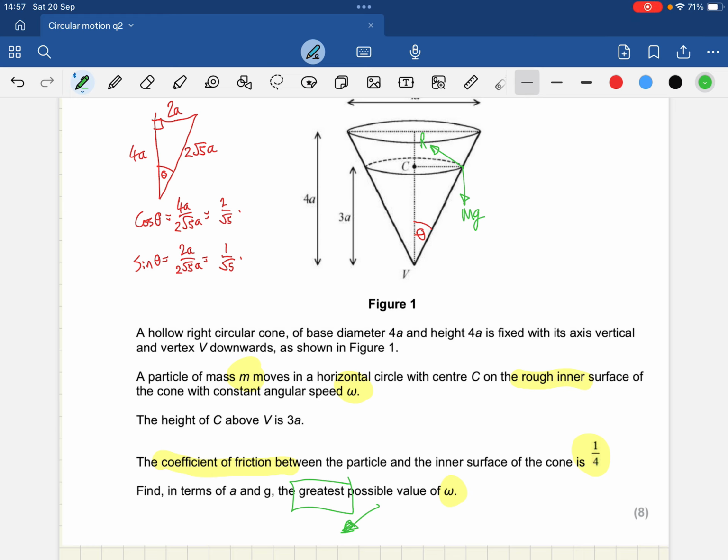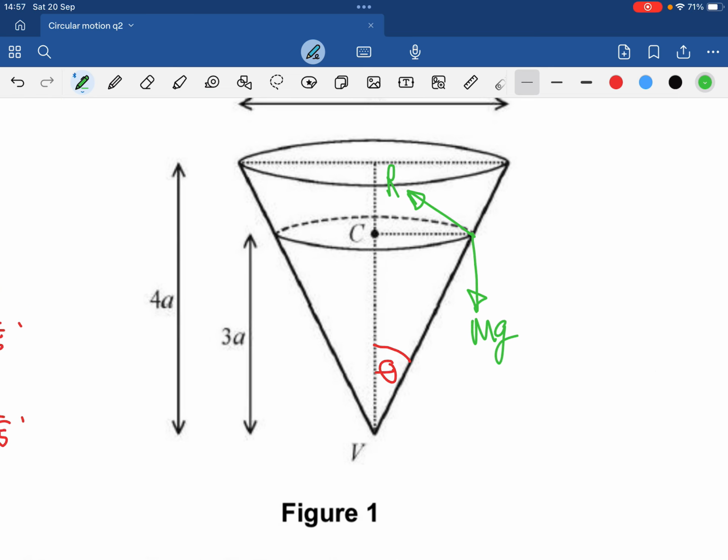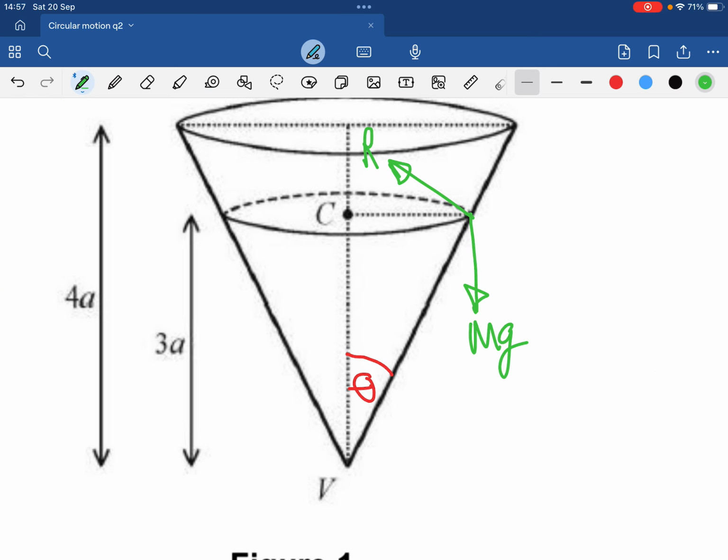If this wasn't acting, the particle would fly out of the cone. So we need to mark in our mu r acting down the surface of the cone like this, mu r. Yeah, this is the maximum angular speed. If it was a minimum, it would be acting upwards, trying to stop the particle falling down the cone. Yeah, you get the idea. Those are the only 3 forces we need to consider.